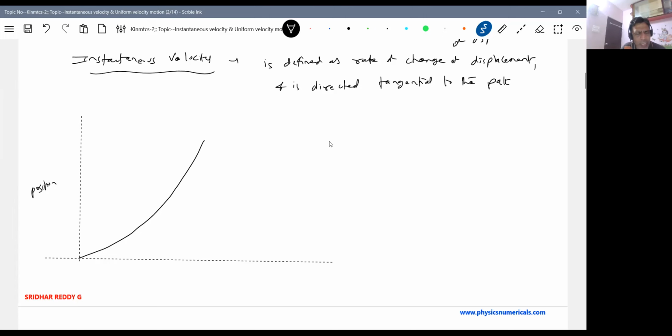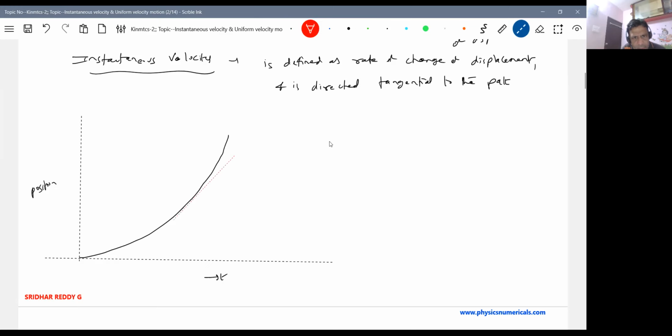The particle is moving in a plane. I want to find out the velocity. So what he's telling is, if you draw a tangent at this particular point, the tangent drawn at that point will give the instantaneous velocity.